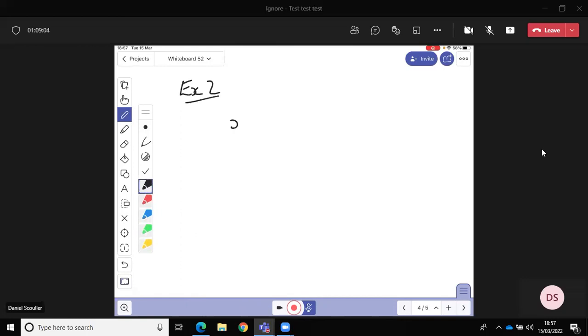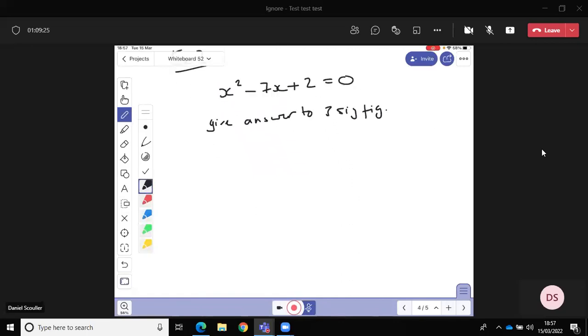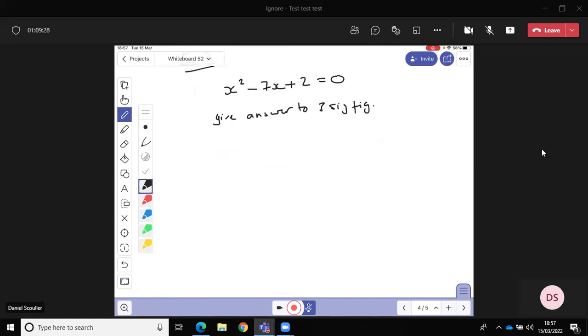Example 2. Okay, so solving again, x squared minus 7x plus 2 equals 0. So it's in the form that we want. Give your answer to 3 significant figures. Remember the difference between significant figures and decimal points. It's pretty important. So this time, writing that out again, and then writing ax squared plus bx plus c underneath it.